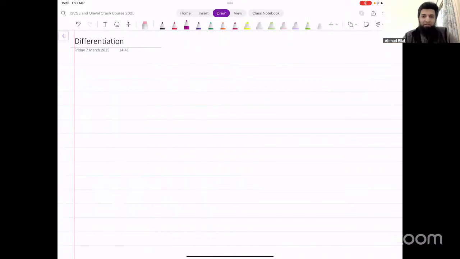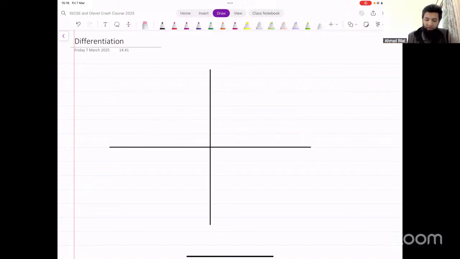Let's first understand what differentiation means, and what exactly we want to achieve by doing this. We've done coordinate geometry before, right? And in coordinate geometry, we learned how to find gradients of straight lines.